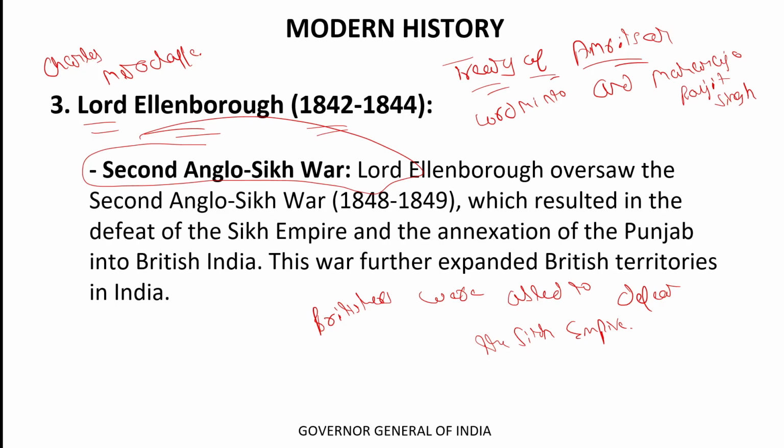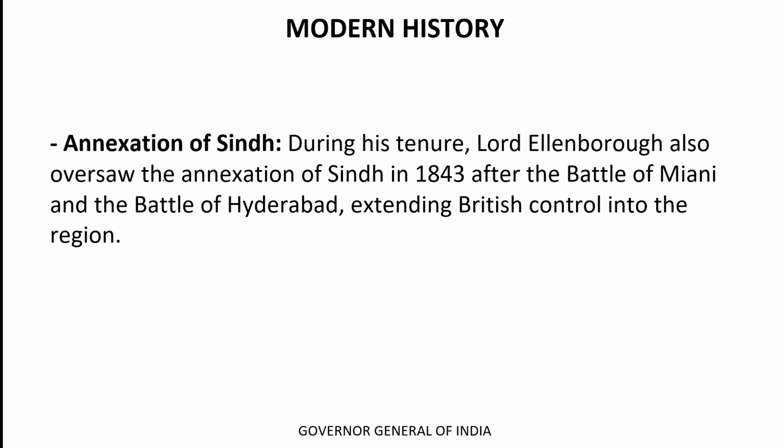Basically, they started to go inside the territories which were untouched by them. The most important part of this is the annexation of Sindh, which is currently in the Pakistan area. First they started to occupy the Indian Punjab, also known as Eastern Punjab.